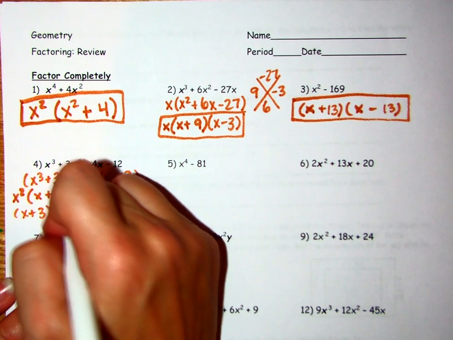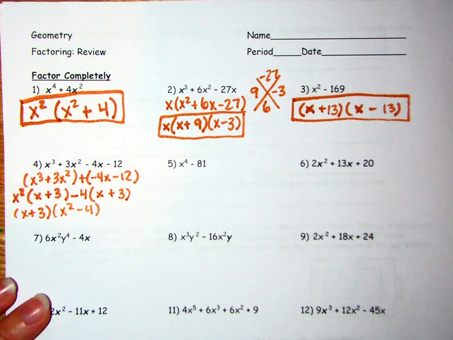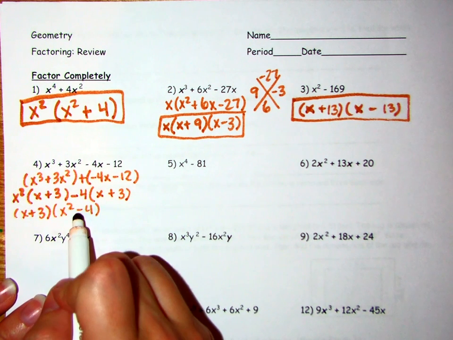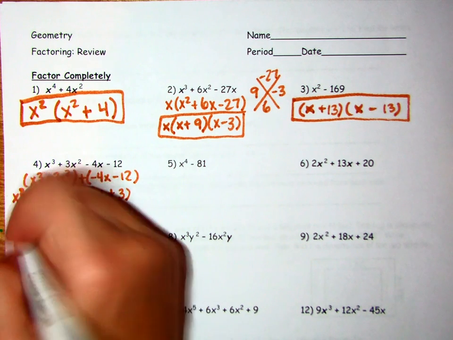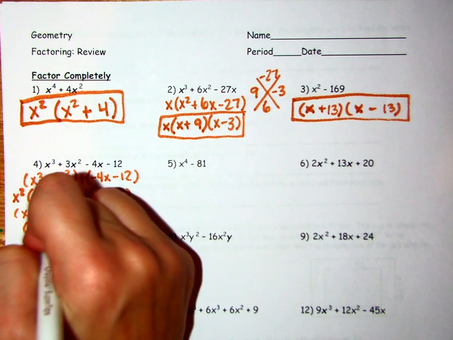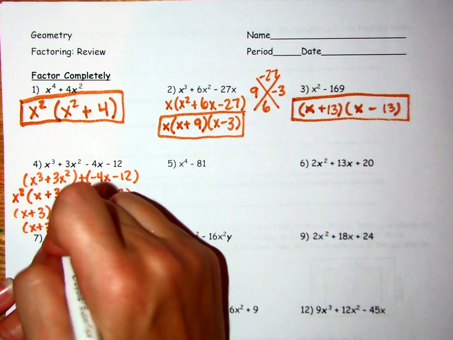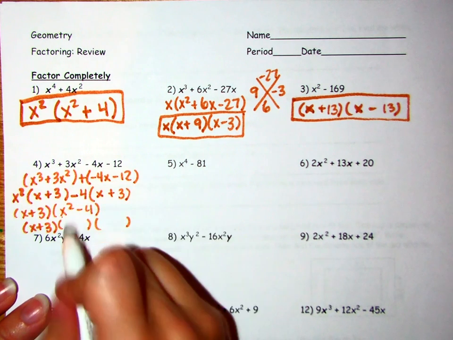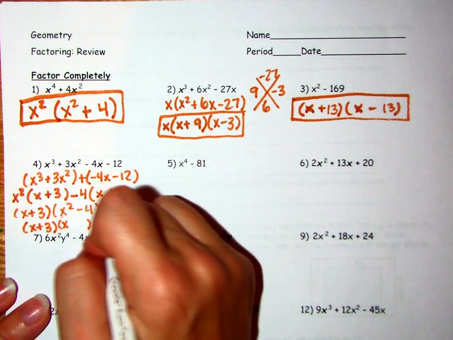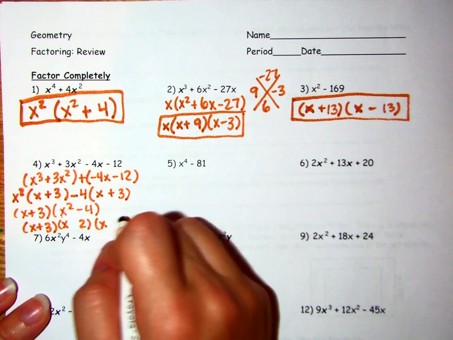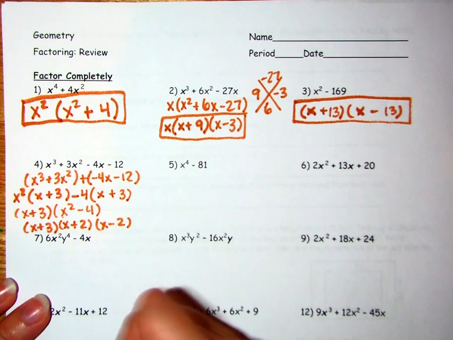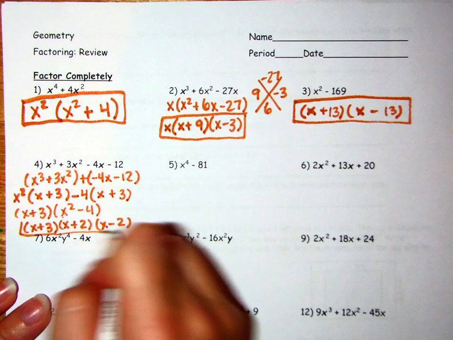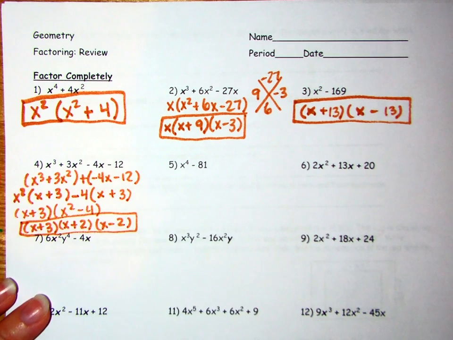And then I have x squared minus 4, but you have to be really careful before you box this as your final answer, because this is a difference of 2 squares. You always want to check that. So we bring down the x plus 3, and now we need to go ahead and factor this next piece here. So x times itself is x squared, 2 times itself is 4, and one of these would be plus, one of these would be minus to make sure that that middle term went away. And that would be my final answer here.